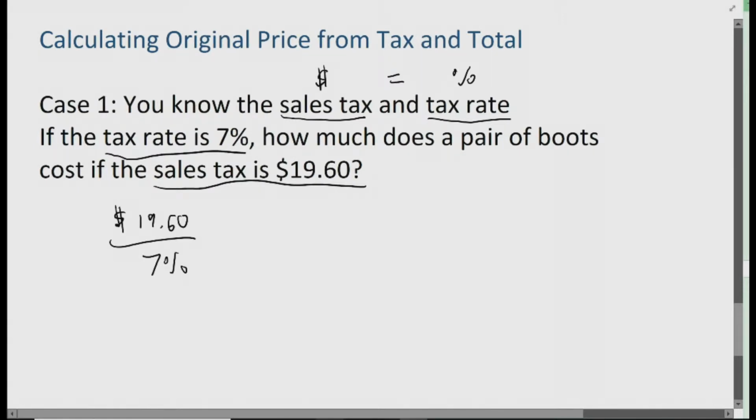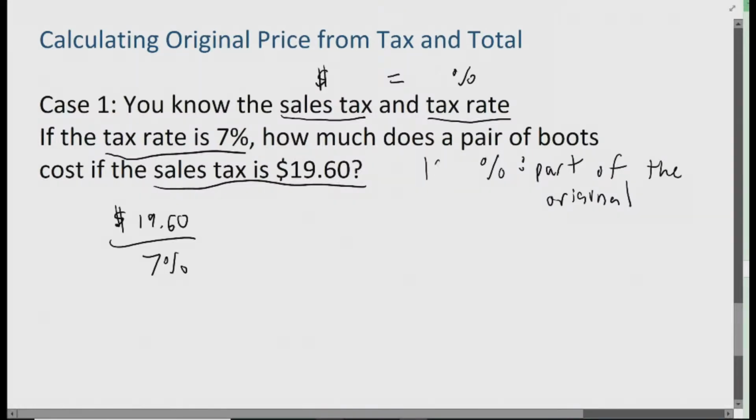Now, we talked about this in class, but when we have a percentage, we know that this is a part of the original cost. So if we have, let's say, 50%, this would be half of the original cost. If we had 10%, this would be a tenth of the original part.